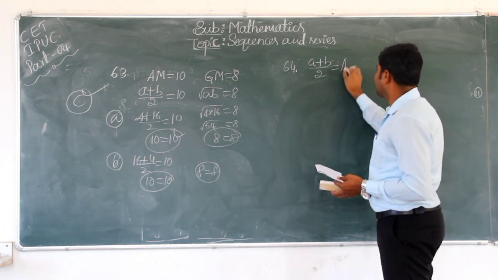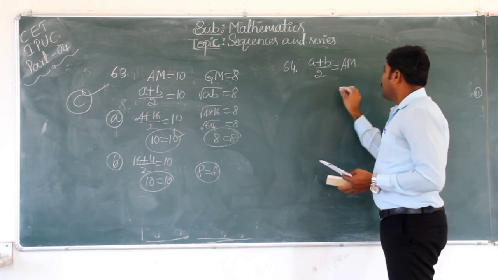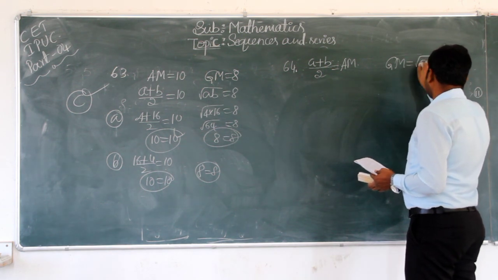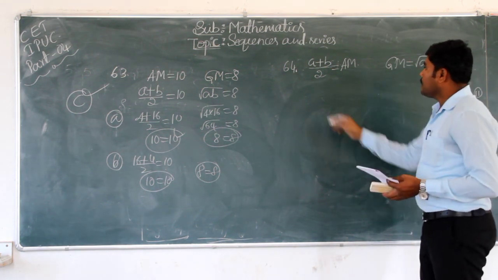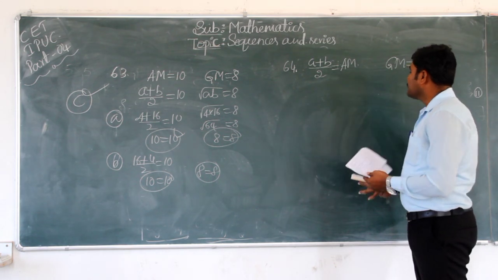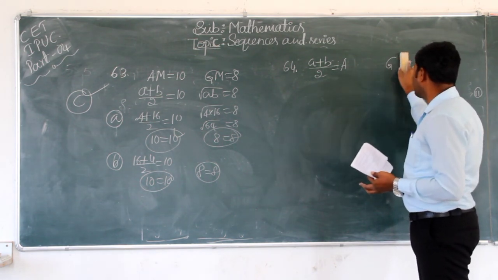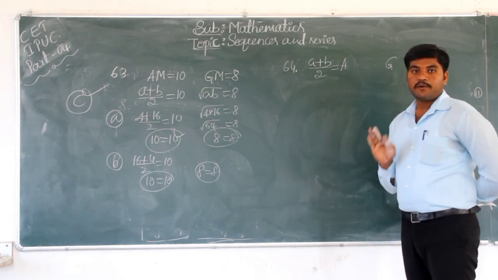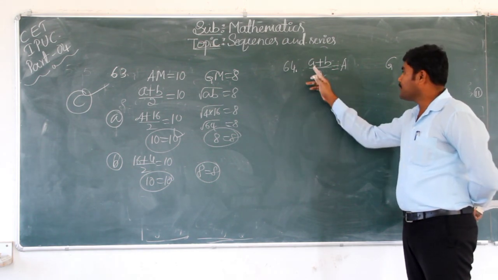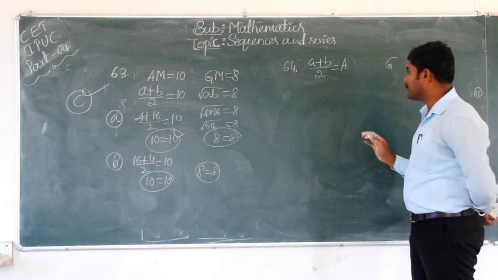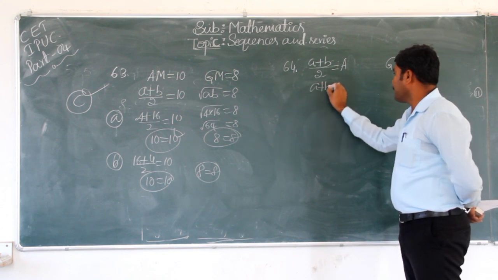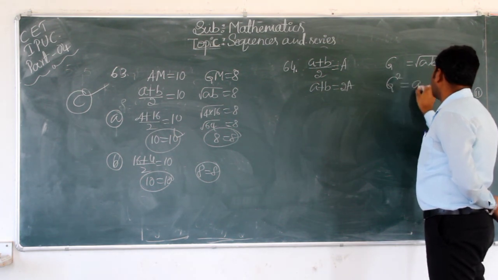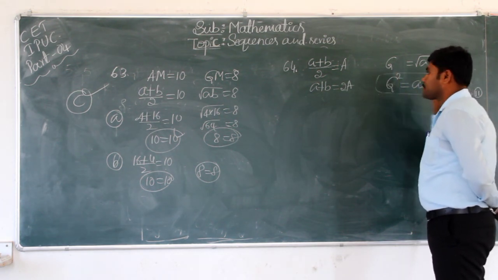So A plus B becomes 2A, and squaring both sides, AB becomes G square.